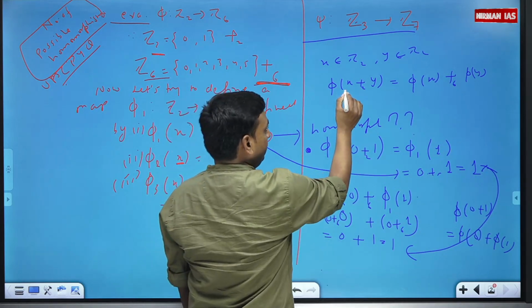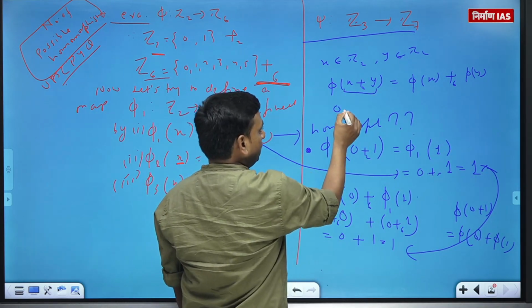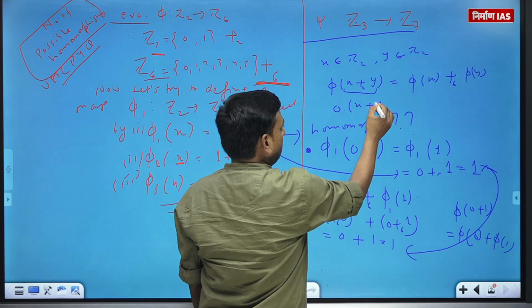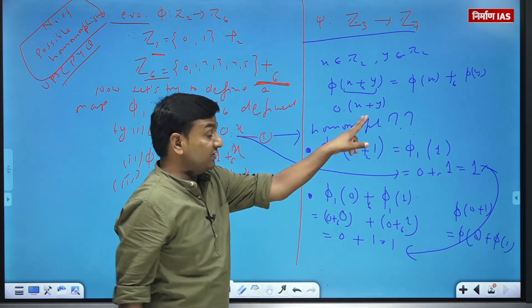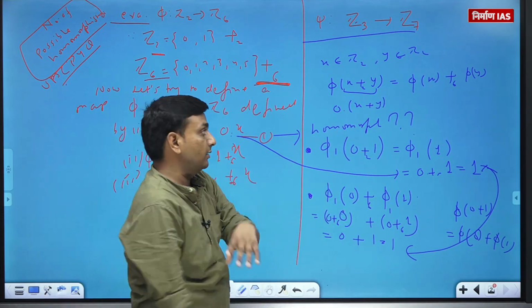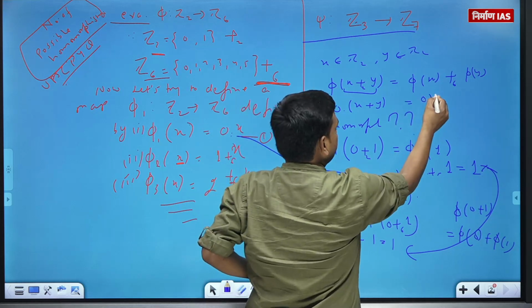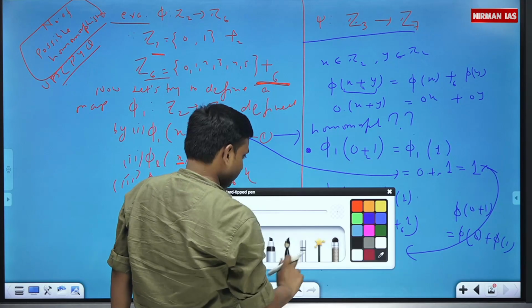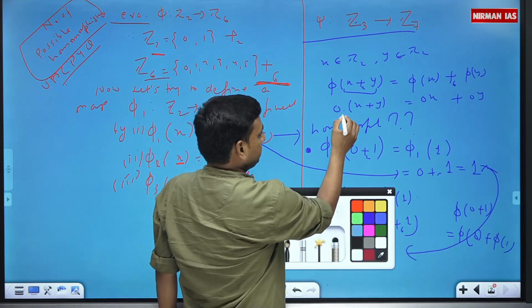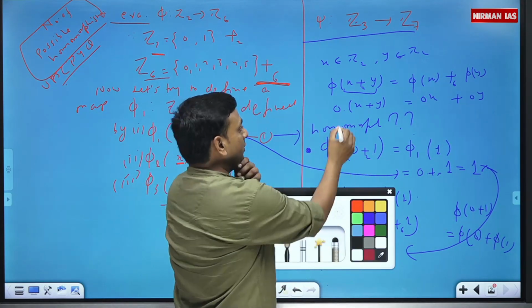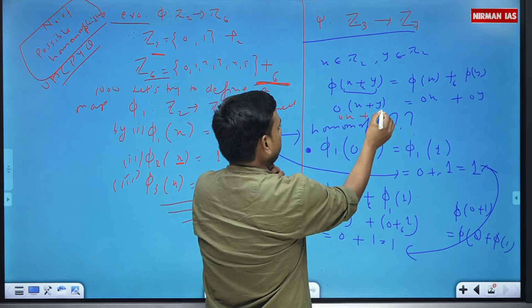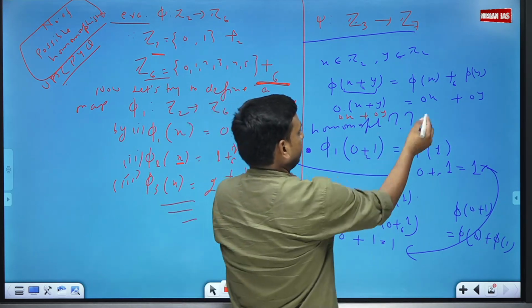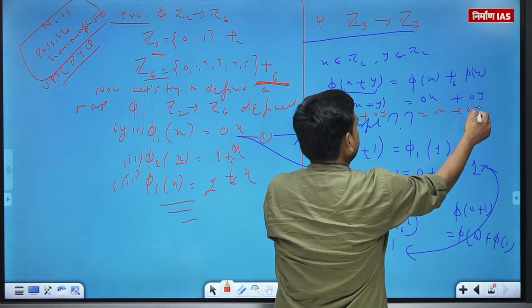So phi of x plus y is 0 into x plus y, with operations as I have already defined. This will be 0x plus 0y, and that's the same as 0x plus 0y.